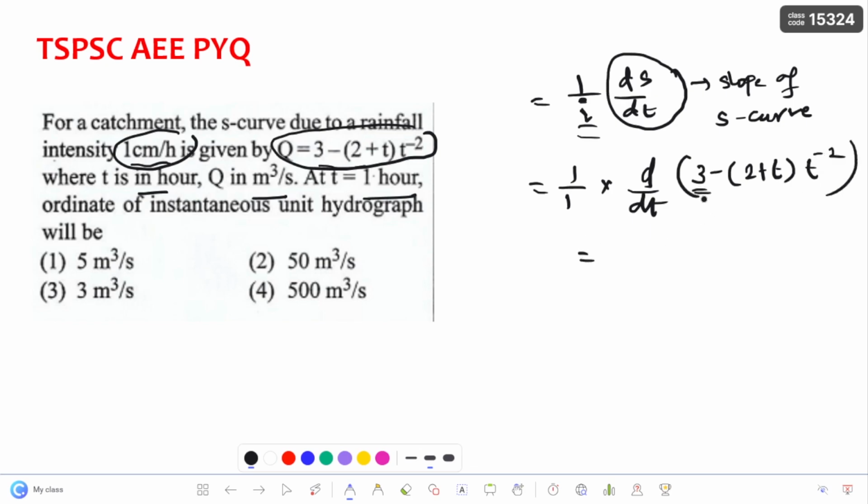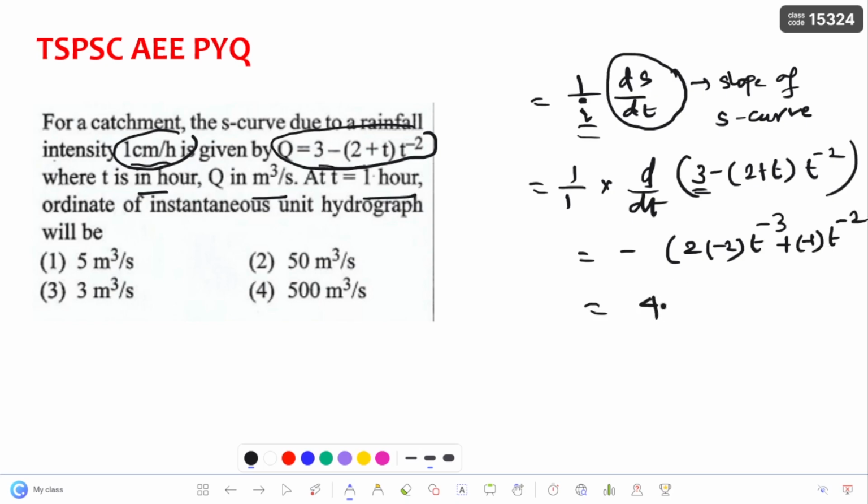d by dt of a constant is 0, minus of 2 into minus 2 into t power minus 3, minus or plus into minus 1 into t power minus 2.